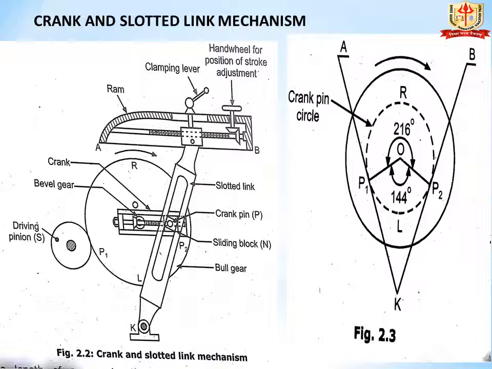A slotted link having a long slot along its length is pivoted about the point K. Sliding block N is fitted inside the slot and slides along the length of the slotted link. P is a crank pin and OP can be considered as a crank.